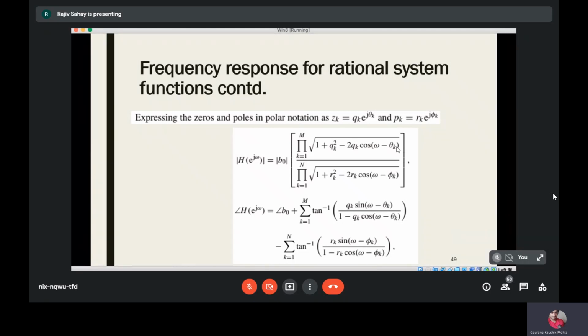So similarly, you can calculate the angle by using these terms. So slowly we are seeing what is the impact of the zero and the pole on the magnitude and the phase, individual pole and individual zero.